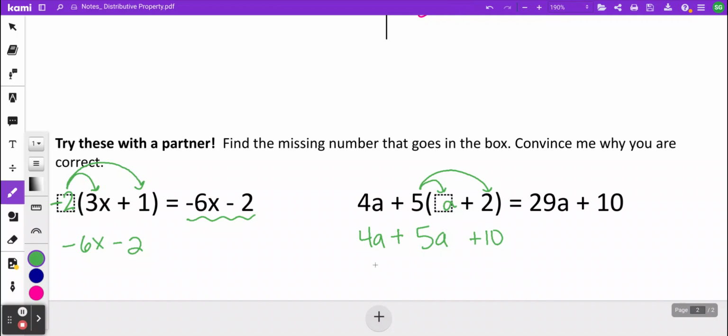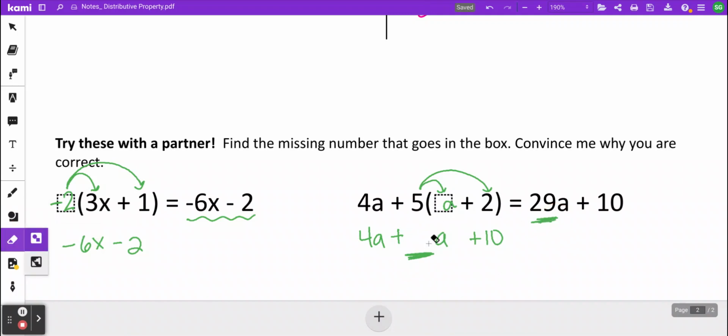You can kind of do the problem in reverse. If I already have 4a's, how many more would I need to get to 29? In other words, 4 plus what would give me 29? Well, 4 plus 25, that would give me the 29a I need. So after this multiplication, if I had 4a plus 25a plus 10, that would simplify to 29a plus 10.